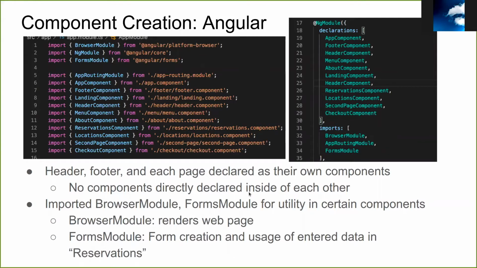And it's important to note that we imported browser module and forms module. Browser module was essentially what would help us render our web page even just locally on the browser. And forms module helped us in creating forms in the reservation page and for the user's data to actually be saved and used in the confirmation.